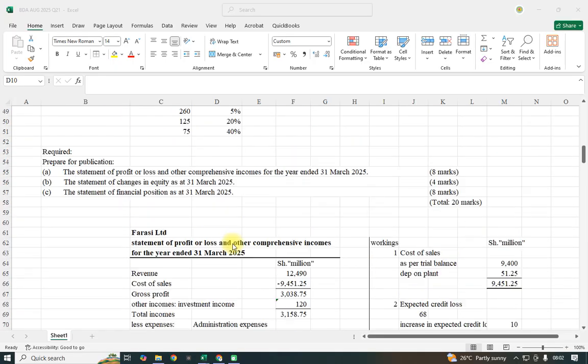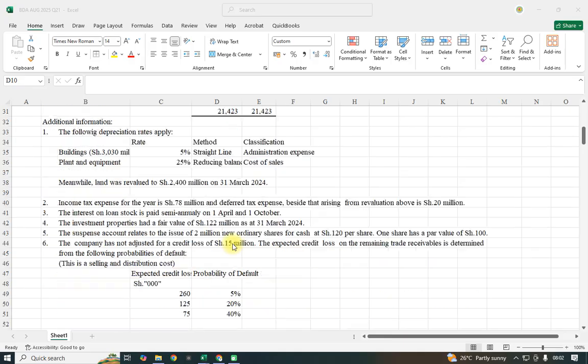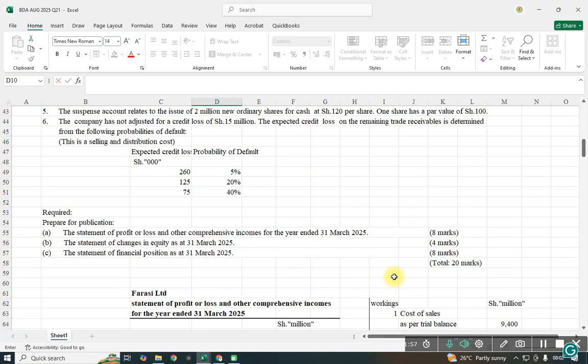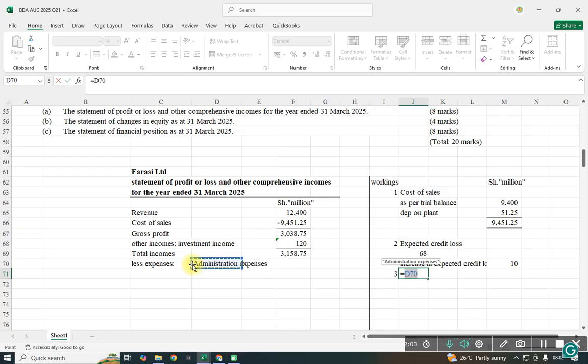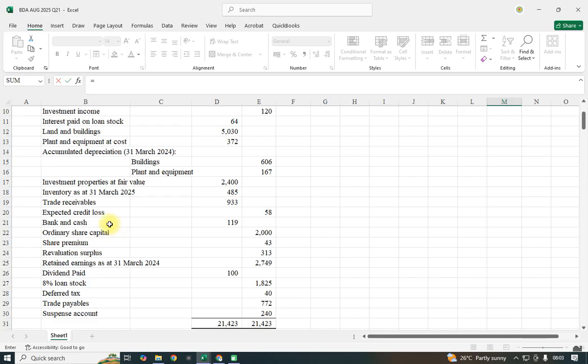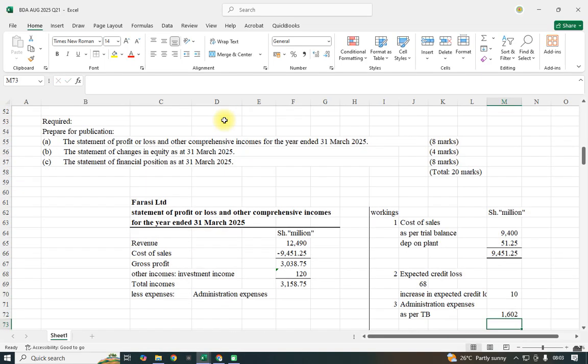For the admin, we shall calculate, because for the admin there was the depreciation on building. So admin as working number 3. Admin expense number 3. Our admin expense as per trial balance, I use TB. As per trial balance, we had an admin of 1602.